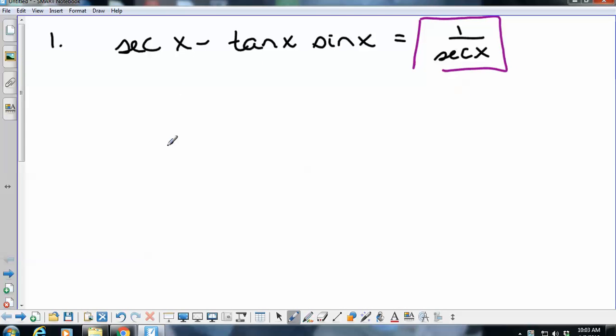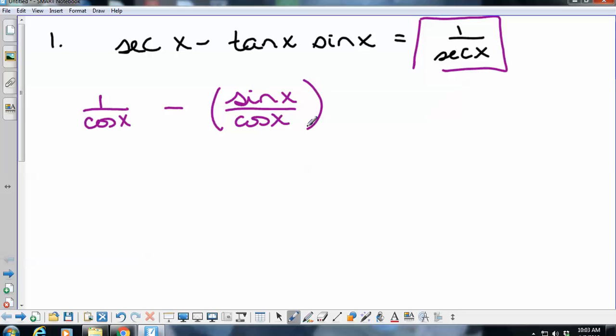Okay, so then on the left, what could we do to begin? Change it to sine. Okay, secant is one over cosine, minus tangent times sine.